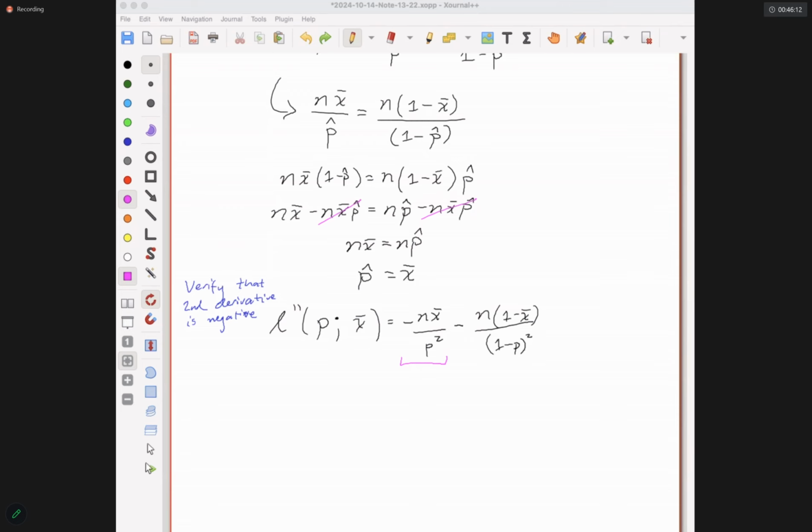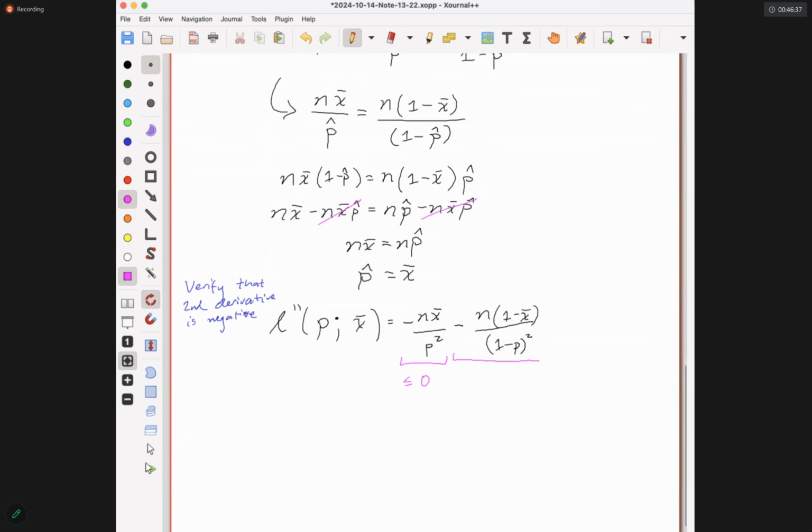X bar is either 0 or 1. Or sorry, not 0, 1. X bar is either 0 or positive, and p squared has to be positive. So this whole thing, including the negative sign, has to be less than or equal to 0.